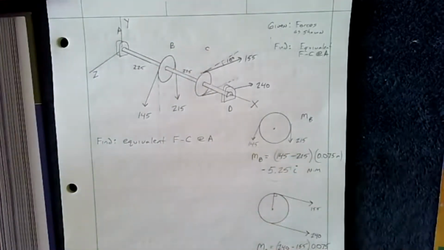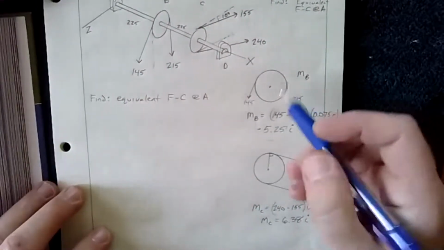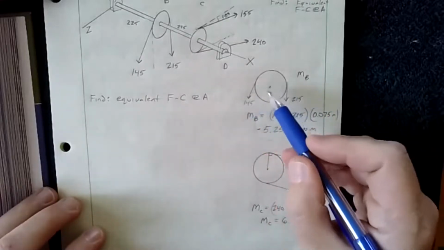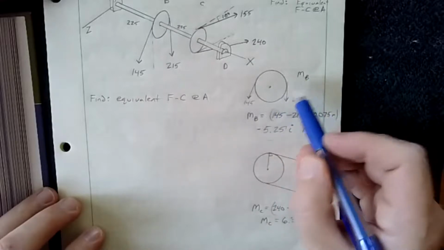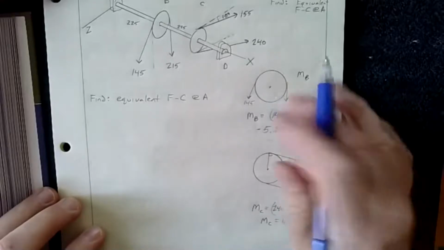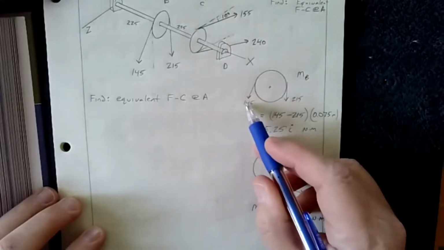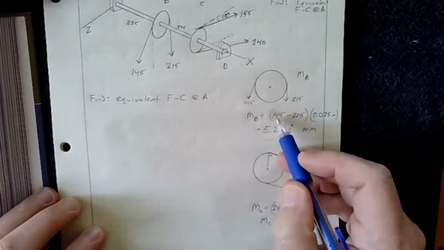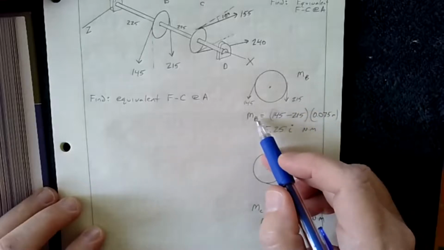Well, the first thing I want to look at are the rotations. I mentioned that these pulleys have different forces. The pulley at B is rotating about the x-axis. That rotation about the x-axis has 145 newtons that wants to go counterclockwise, which is our convention's positive, and the 215 wants to go the other way, clockwise, so it's negative.